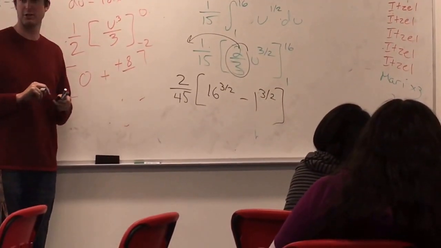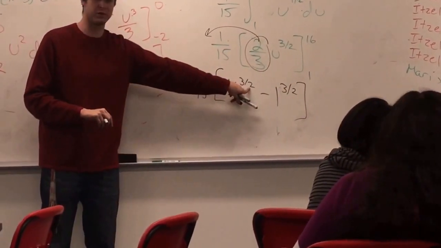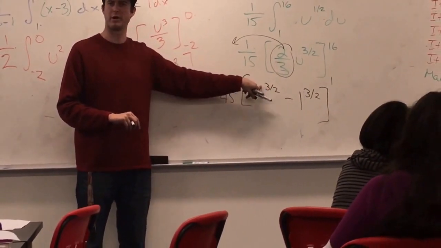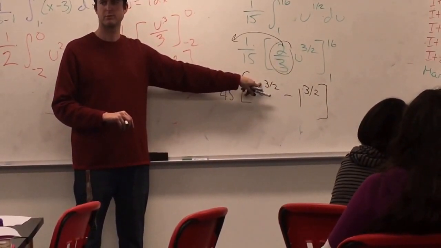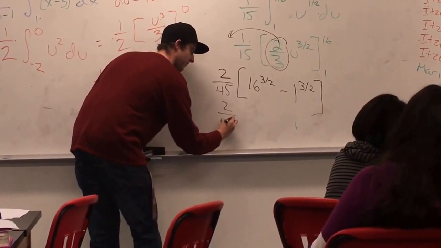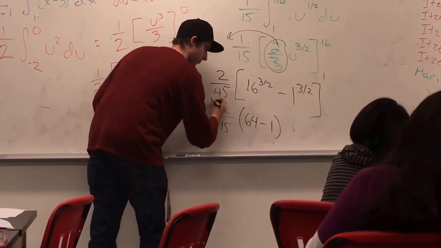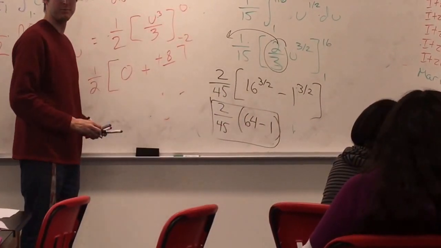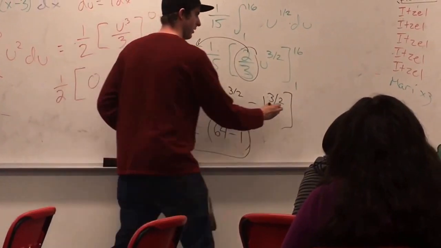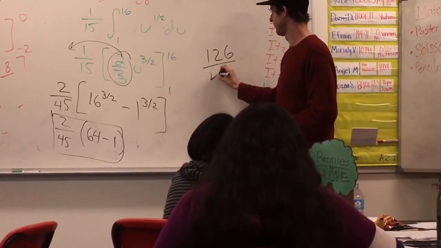Okay, 16 to the 3/2, I have no idea what 16 cubed is, but we do know the square root of 16. What's the square root of 16? And then what's 4 cubed? 64. So this is 2 over 45 times 64 minus 1. I'd leave that as my answer. But you could do 63. 63 times 2 is 126 over 45.